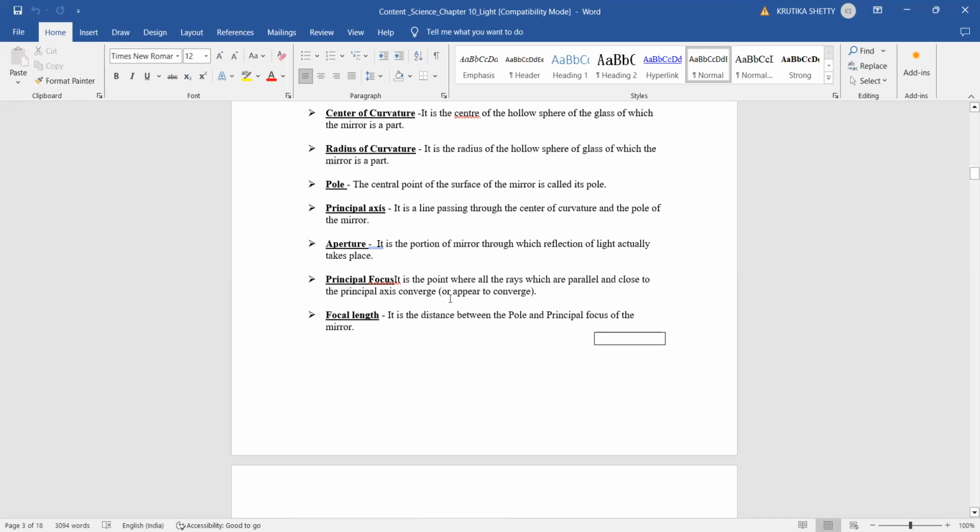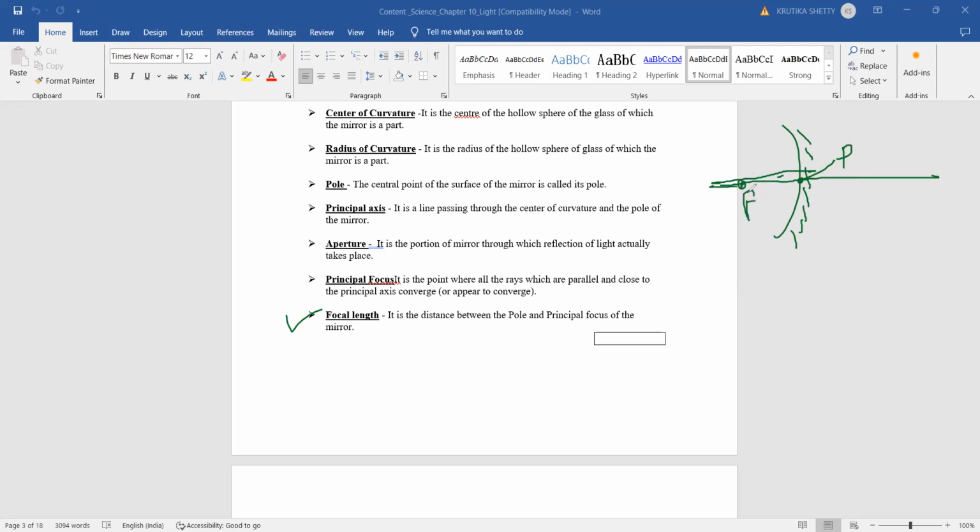Okay. So the last point, focal length. What do you mean by the focal length here? Again, this is my mirror and here is the pole, and here is the focus.